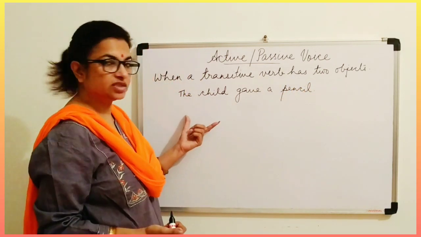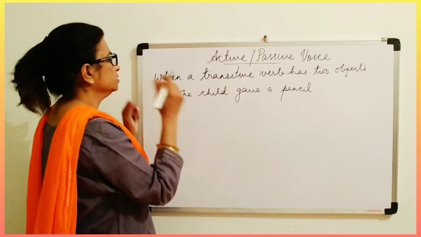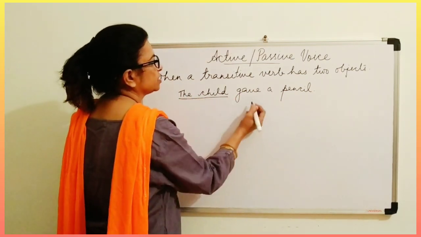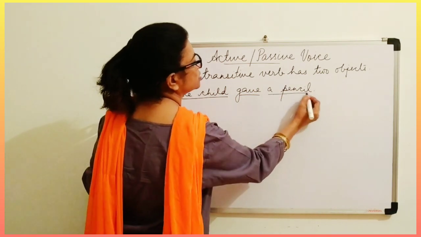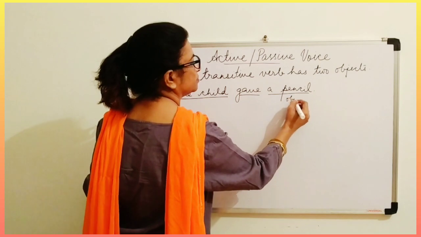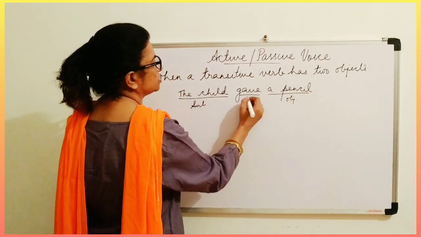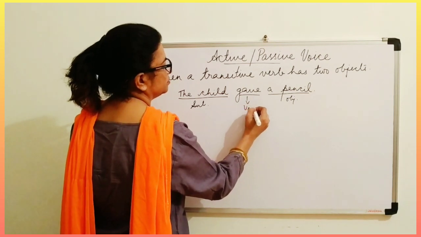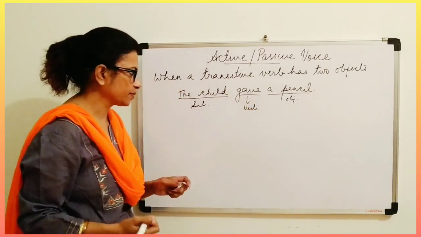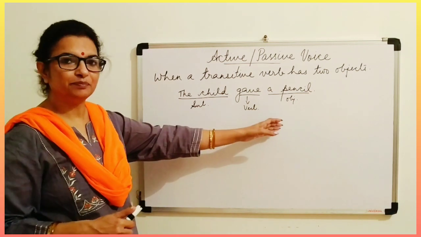Now this is a transitive verb. The child is the subject, this is the verb, and this is another noun which is the object. The child gave a pencil.